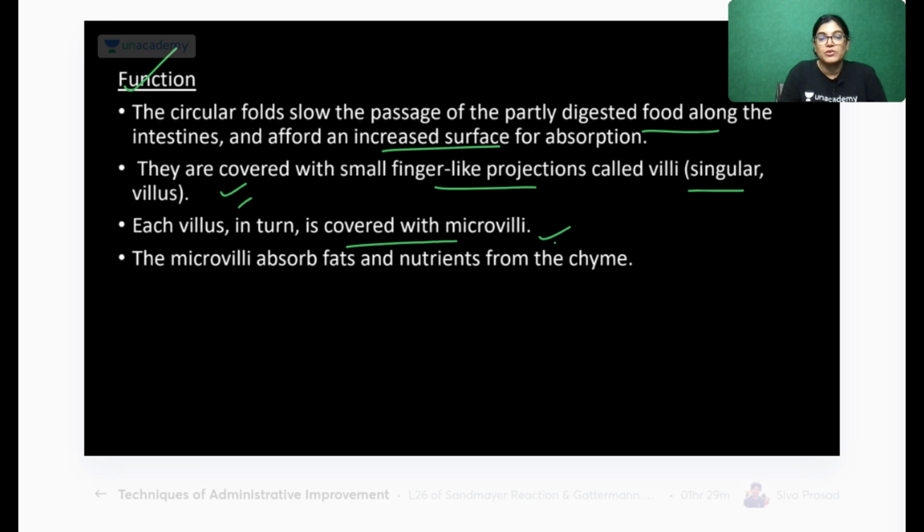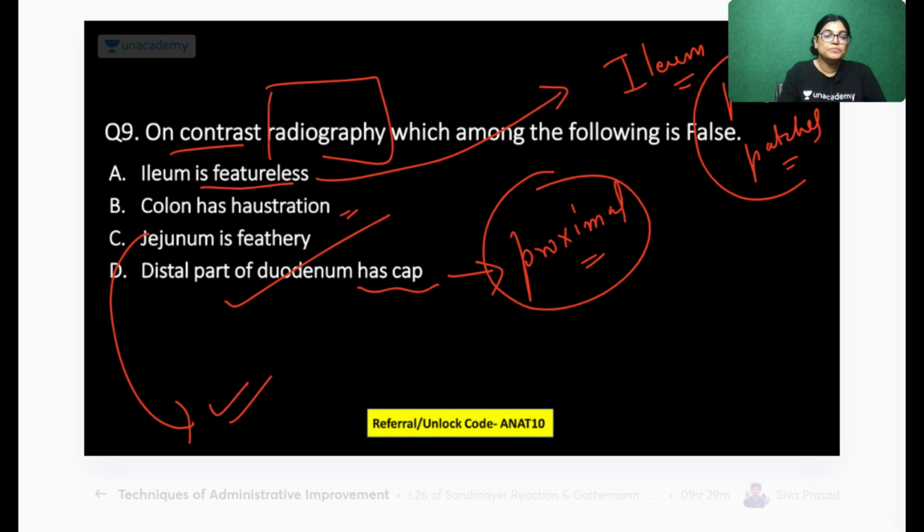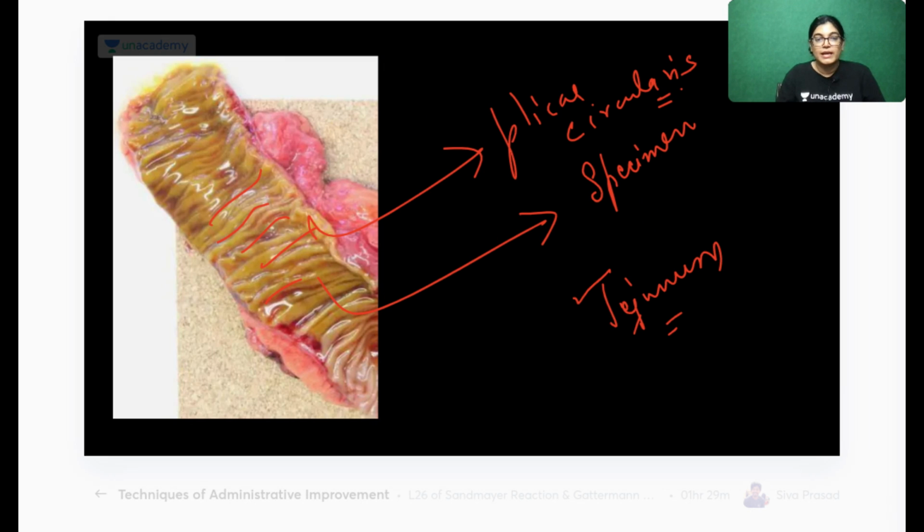Each villus has microvilli, which further increase the absorption of the small intestine. This is very important for the absorption of fats and nutrients from the chyme. So the wrong statement here is option D. It's not distal, it's the proximal part. Let's move on to the next, question number 10.